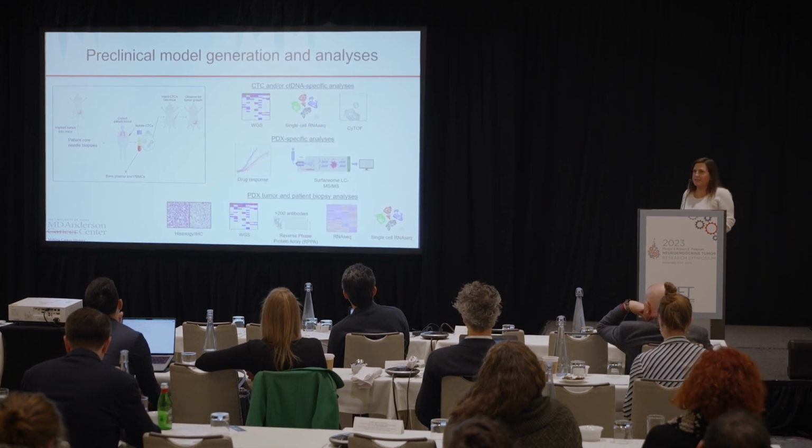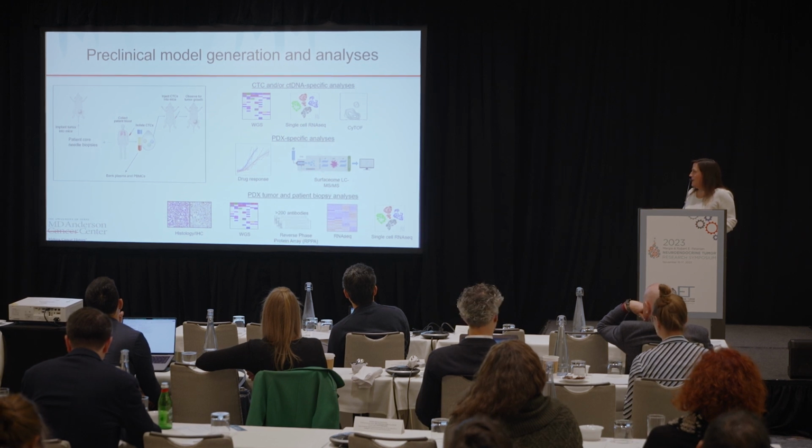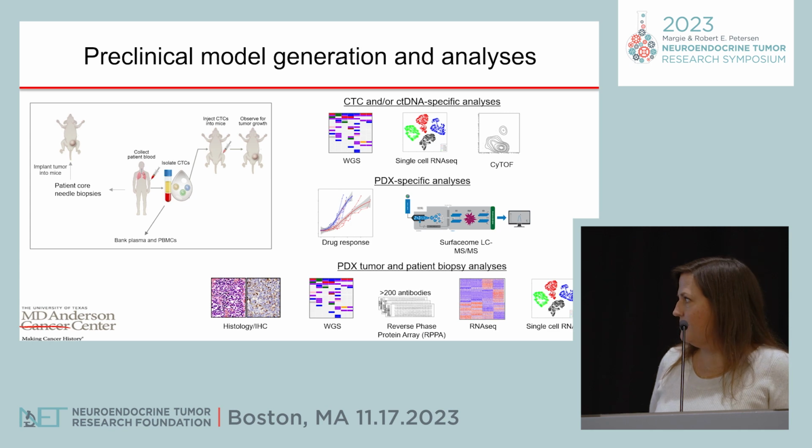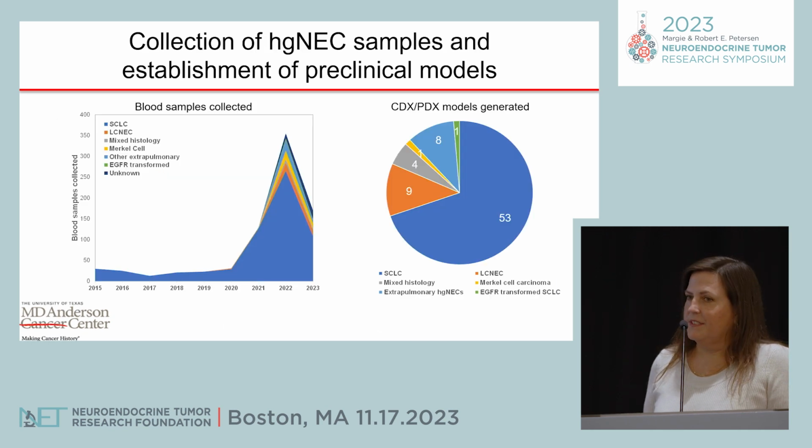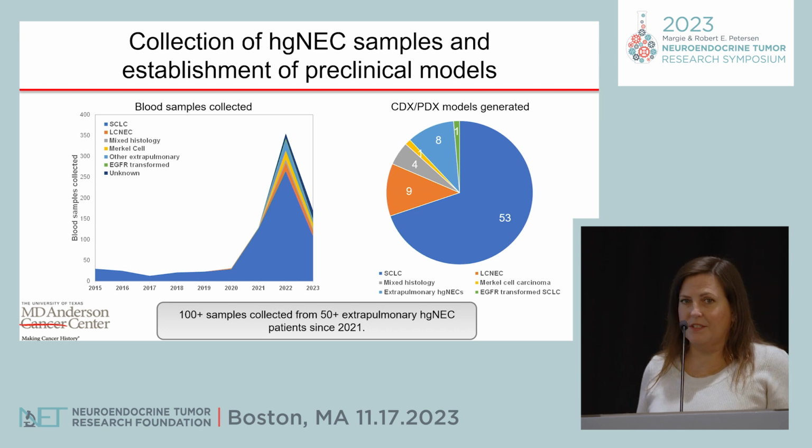Then we've really tried to address a number of molecular analyses based on what the sample types are. Just to give you an idea, over the past 2 years since we started collecting extrapulmonary high-grade NETs, we've collected over 100 samples from more than 50 patients.